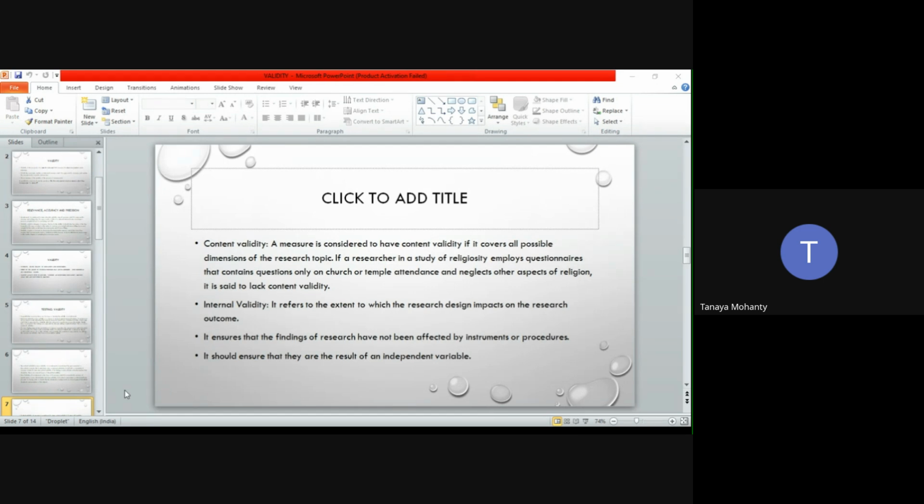And he took all those ethical permissions from the employers, and he followed all protocols. And each of these workers were told, they were informed about this fact that somebody is coming to have a study on you.